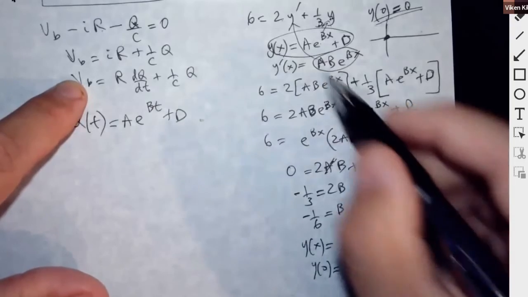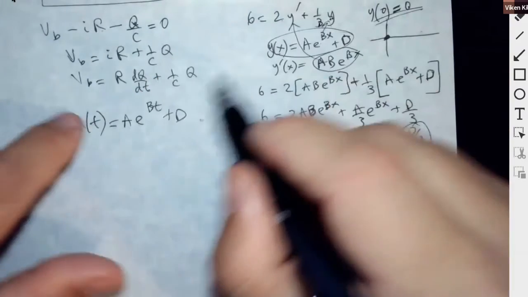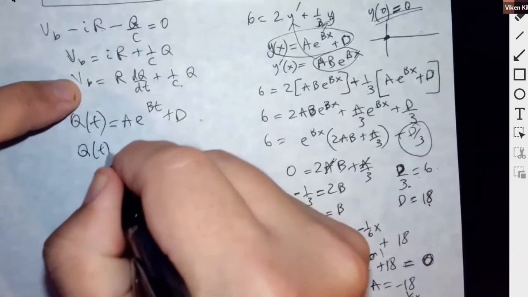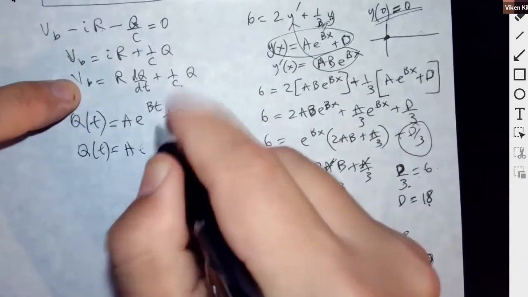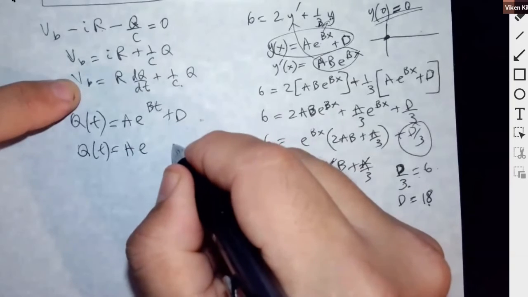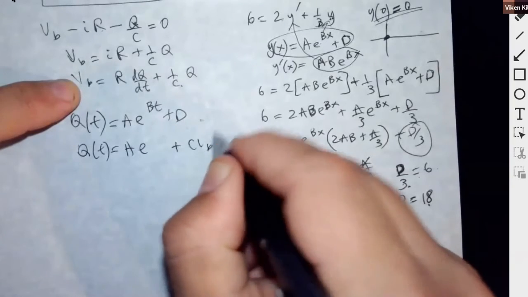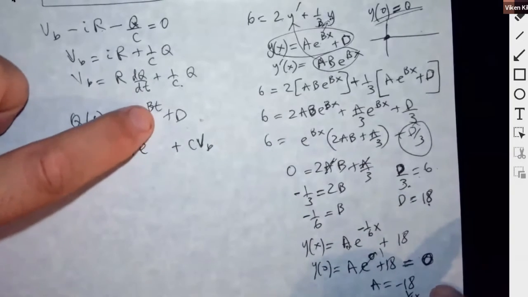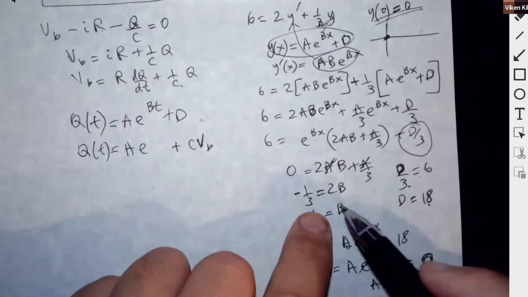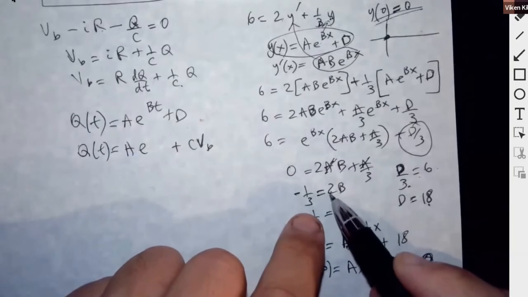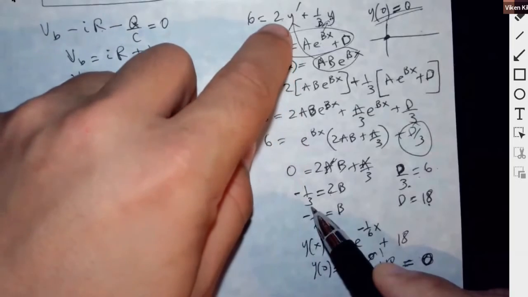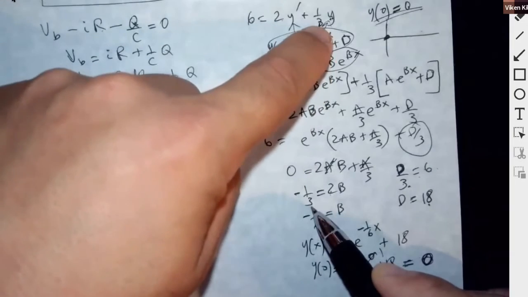This times this, so this times that. So it's C times VB. CVB. Right? And then the b was what? The b was negative 2 times 3. So then this times this.